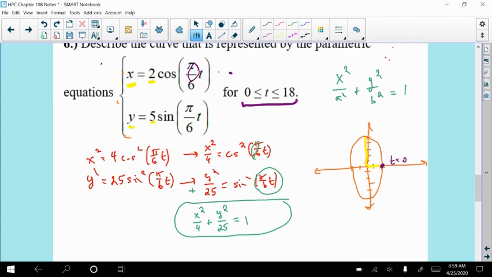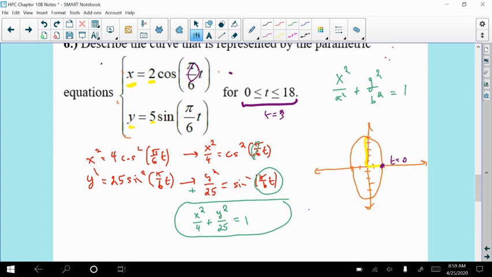And then if I want to come up with another nice value, like letting t equal 1, or t equal 2, or t equal 3, because those are all divisible in terms of making nice angles, I'm actually going to pick t equals 3. And the reason I picked t equals 3 is because 3 pi over 6 is pi over 2.